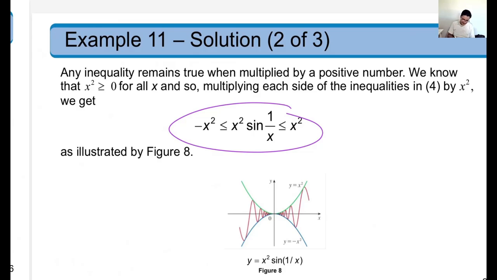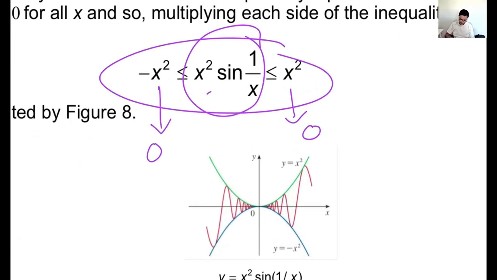And then you see, the left side is negative x square, the right side is x square. Both of them go to 0 as x approaches 0. And because this quantity is in between, it will be squeezed to the same limit.